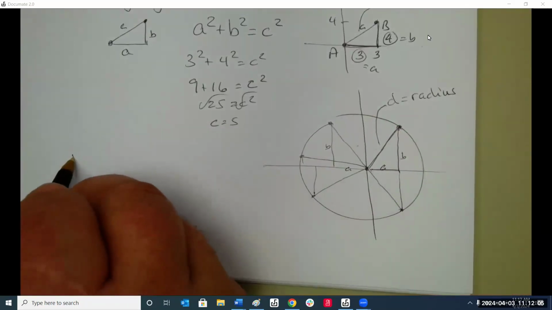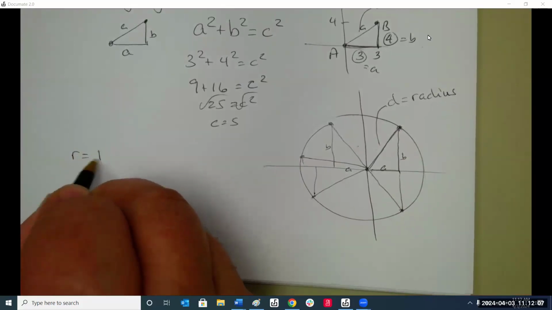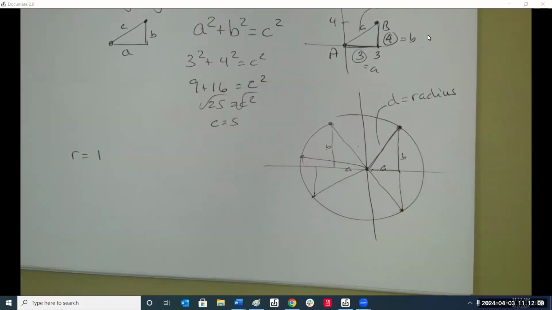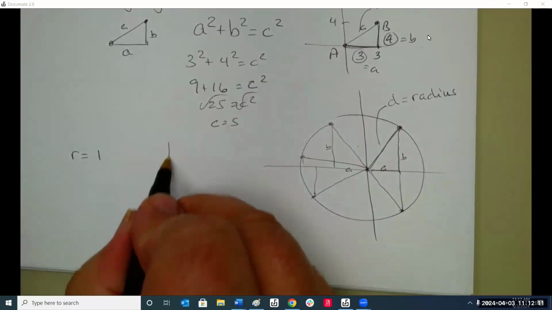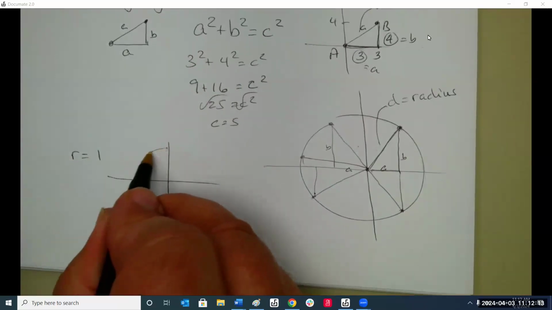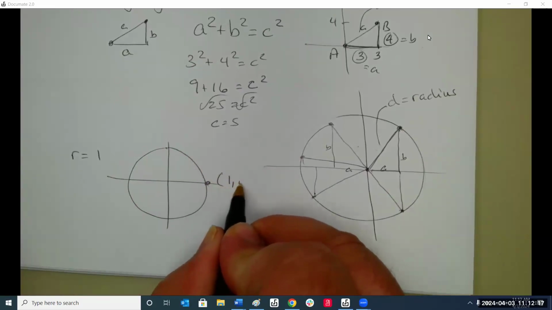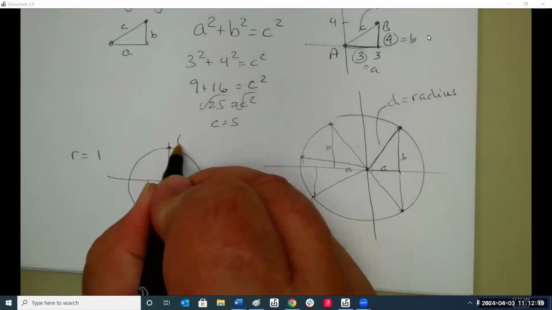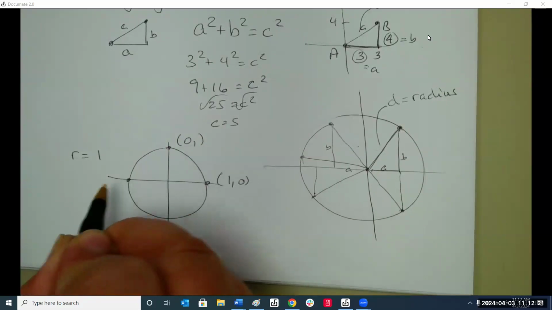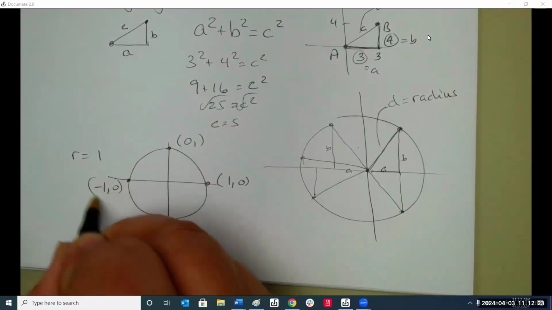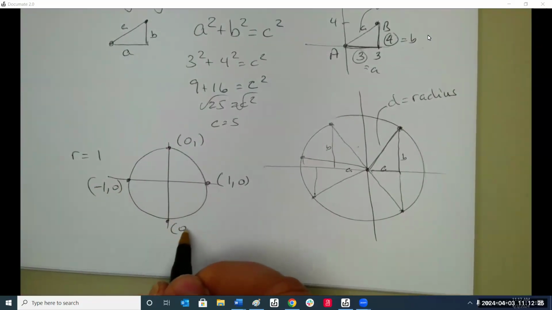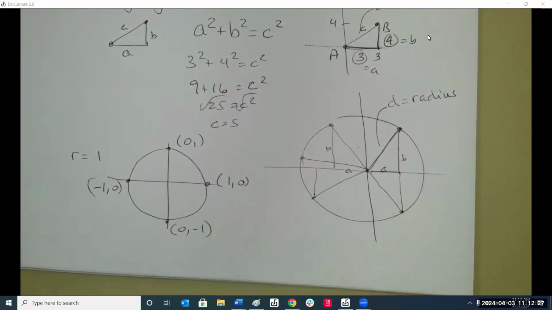Well, we say if the radius is 1 unit long, that means our circle goes through 1, 0, 0, 1, negative 1, 0, 0, negative 1.